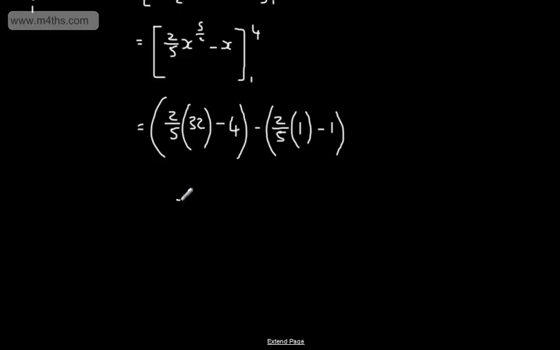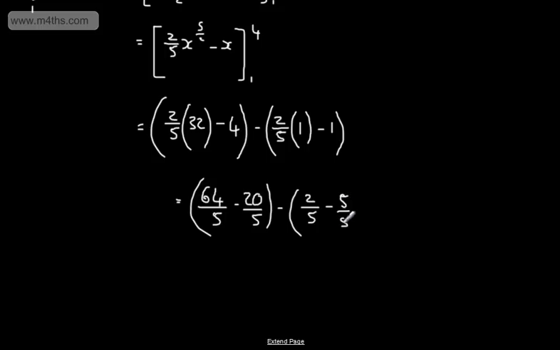So that now gives me 64 over 5 minus 4, which I could write as minus 20 over 5. And then from here, I'm going to have minus 2 over 5, and then minus 5 over 5.